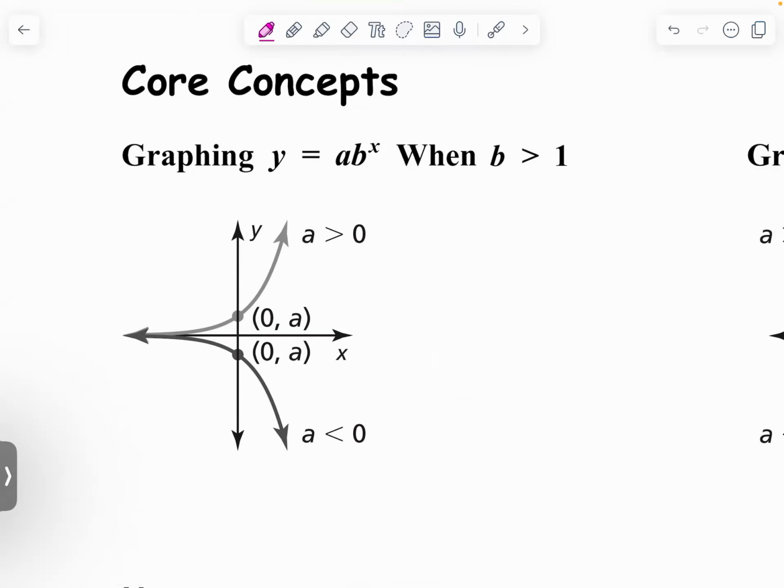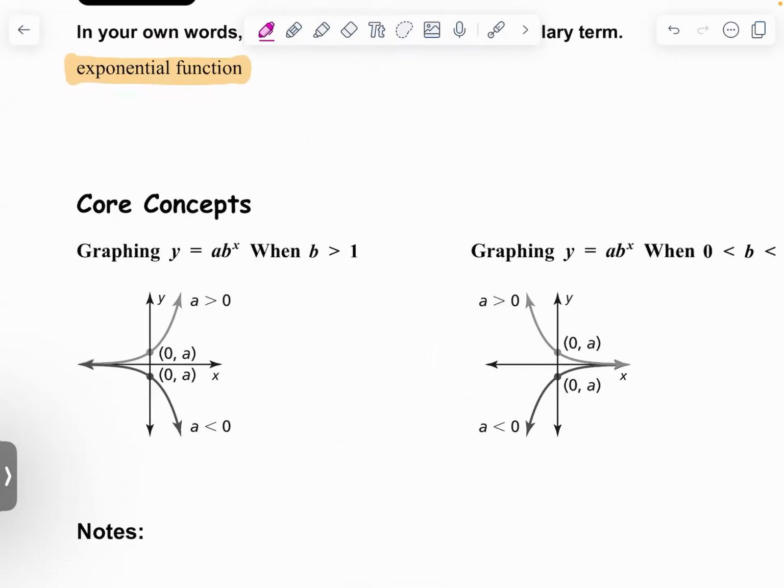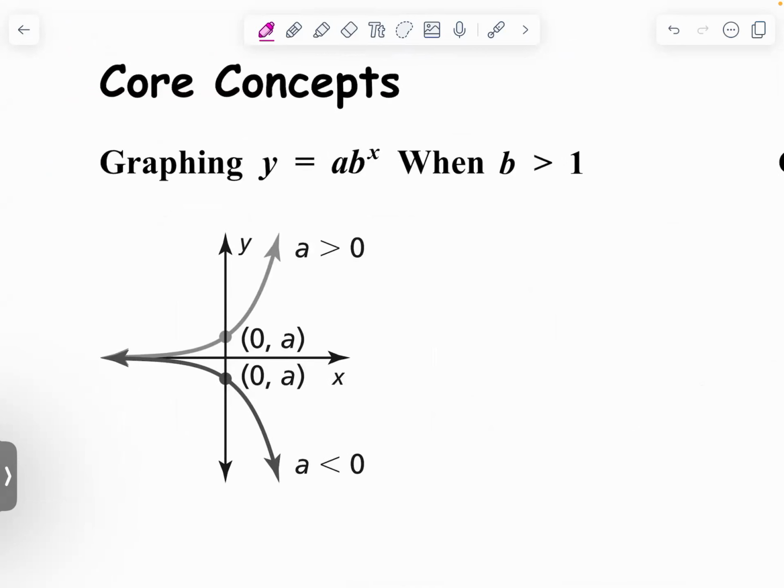So hey, I really need you to be focused up here. Here we go. An exponential function is going to look like this. This is what our Skittles look like when the number being raised to the power is bigger than 1.